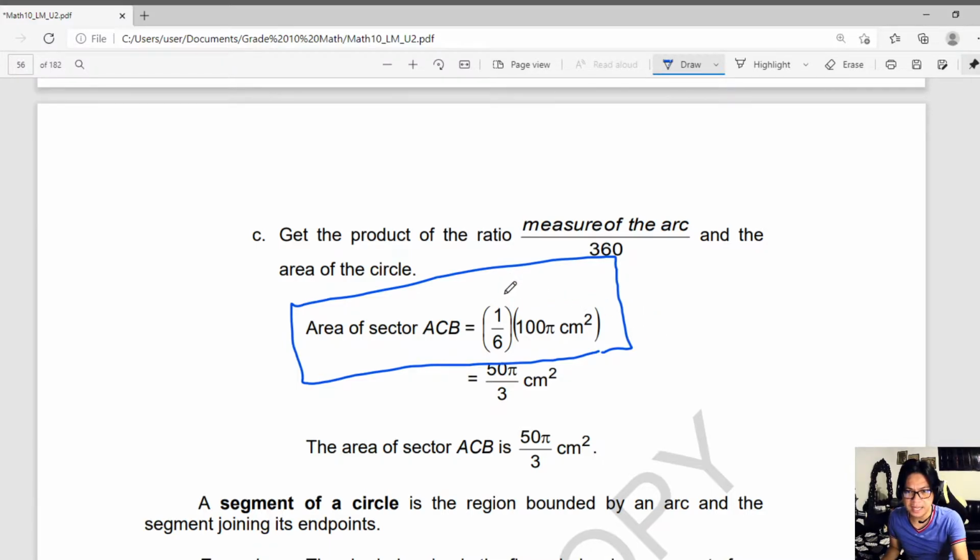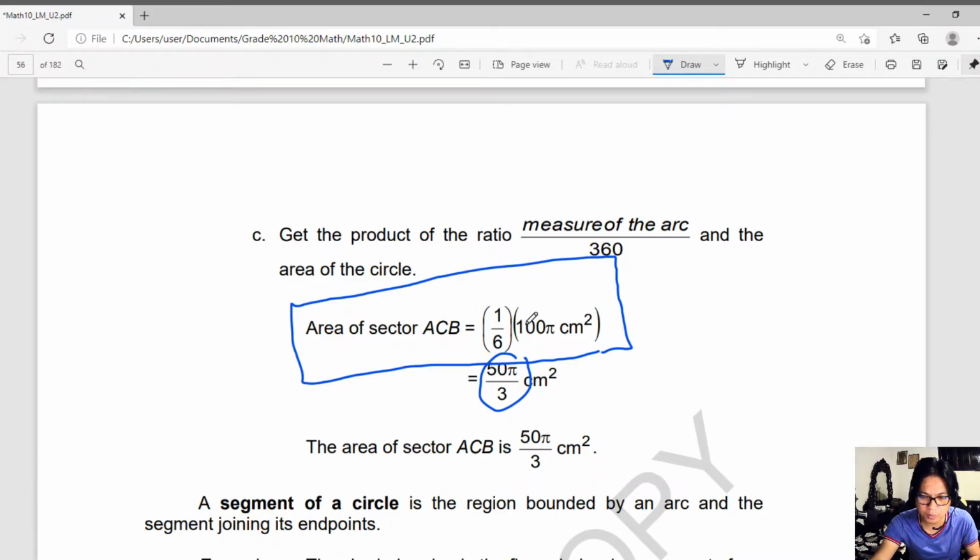Ito yung ratio kanina, and ito yung area ng circle. Just multiply lang natin. So that is 1 over 6 times 100 pi centimeter squared.